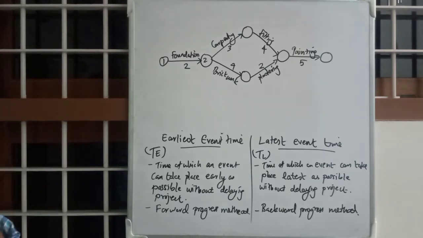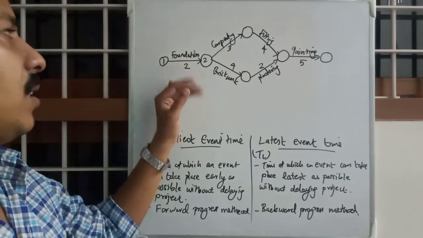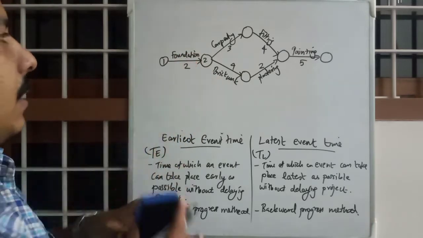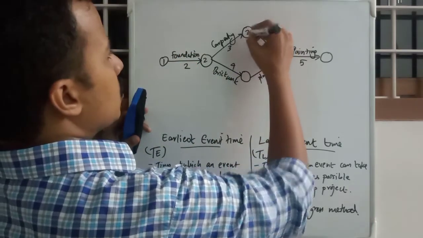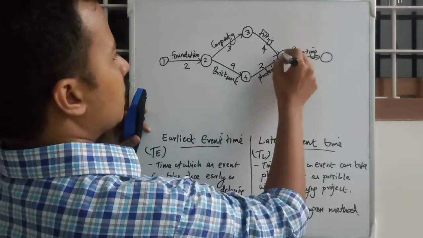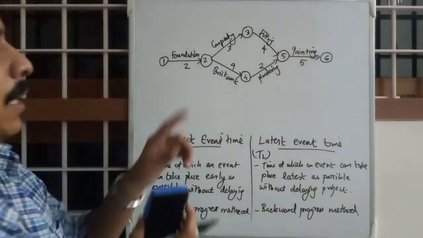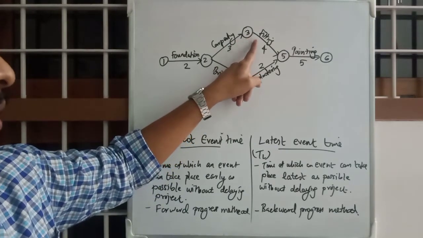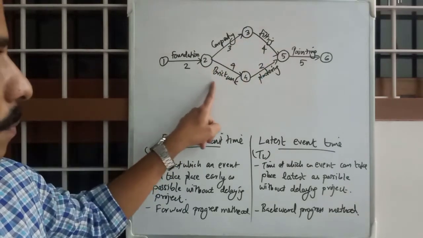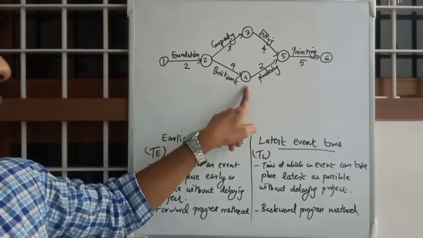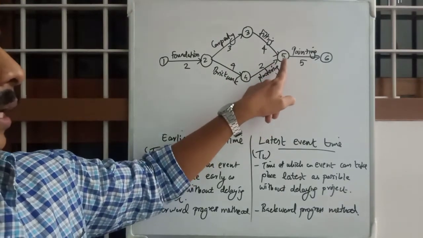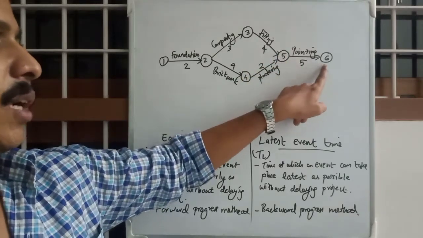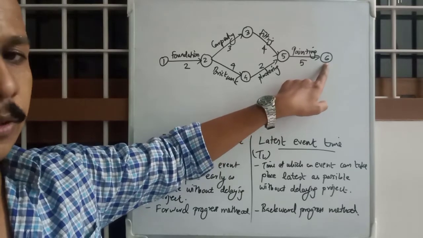Foundation starts from event 1 and ends at event 2. From then, through events 3, 4, 5, 6, carpentry work starts and ends, then fitting starts. Parallel to that, brickwork starts and plastering starts. At the end of fitting of carpentry and plastering, painting starts and finishes the network diagram.